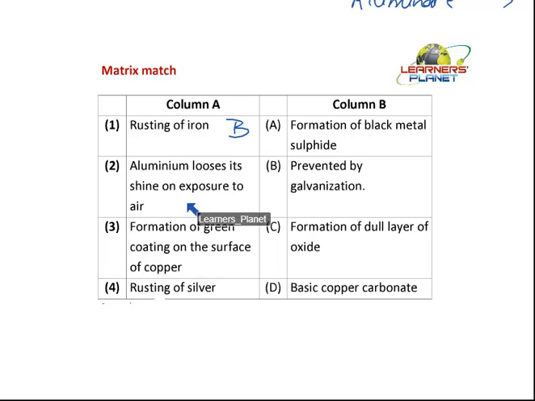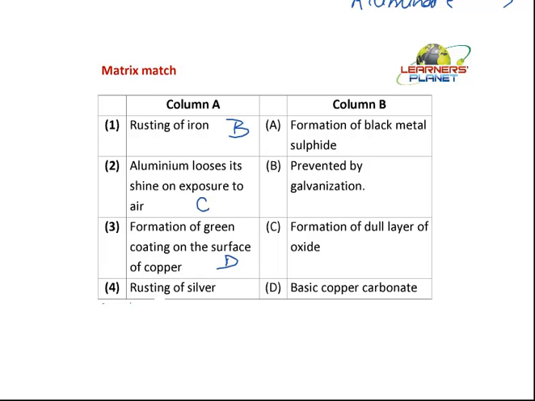Now aluminium loses its shine on exposure to air because of the formation of a dull layer of oxide, that is aluminium oxide. Next, the formation of green coating on the surface of copper: it is copper carbonate and copper hydroxide, that is basic copper carbonate.